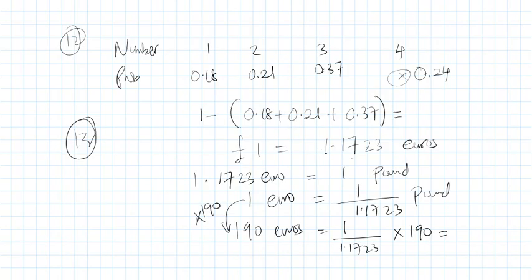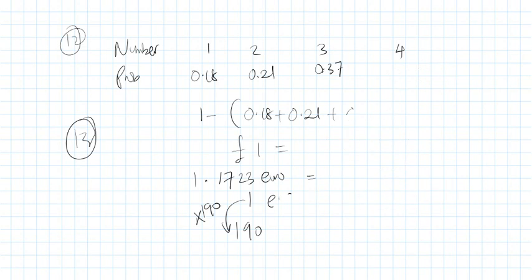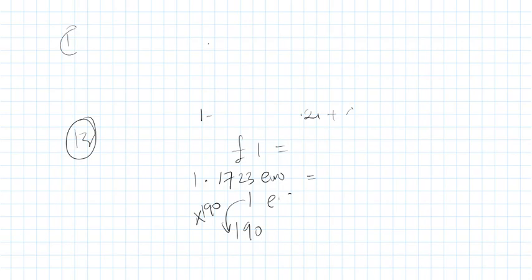Let's look at the next one now. The next one is about the exterior angle of a regular polygon. Let me just erase what's on the board. The exterior angle is 36 degrees.